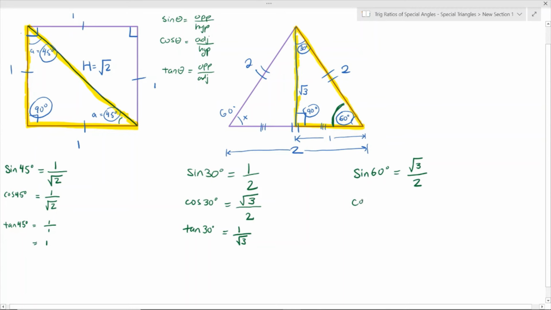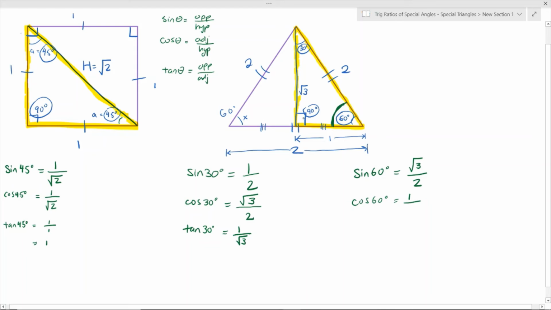Now for cosine 60 degrees, we look at the adjacent side, adjacent to this angle right here, and that's going to be 1, right beside this angle, because it's adjacent over hypotenuse. The hypotenuse is still 2, because it's the longest side of this triangle.